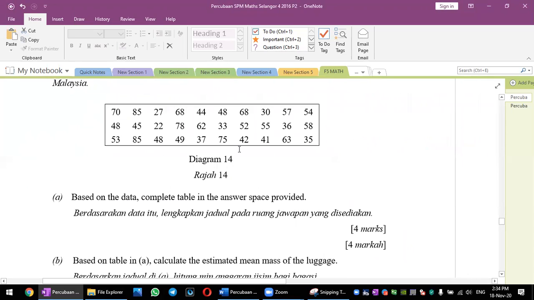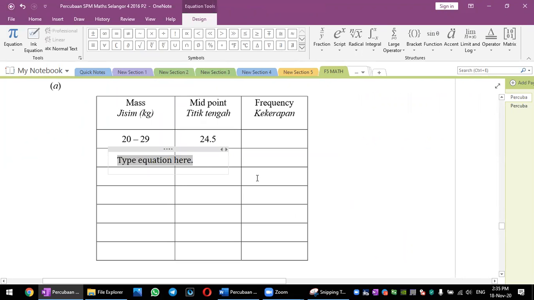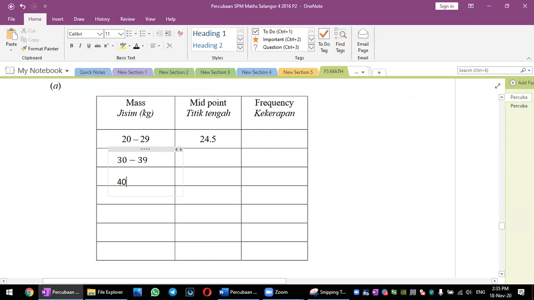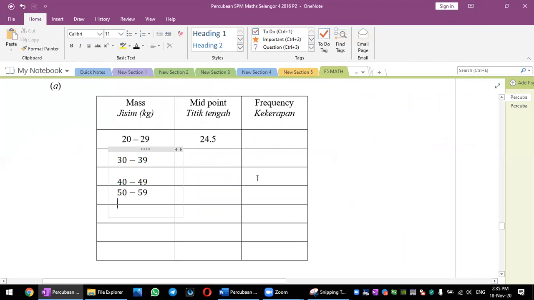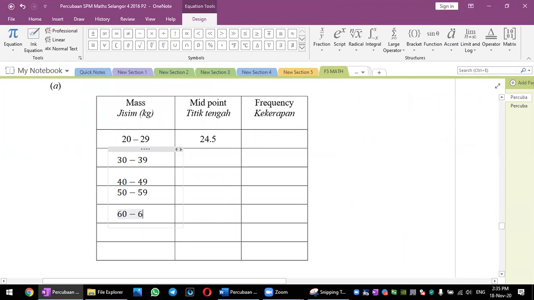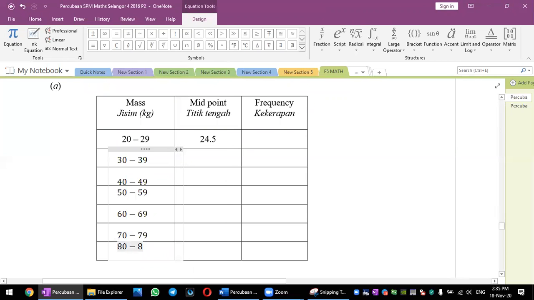Okay, here we need to complete the table first. Okay, this table, I think you should know, right? 20 to 29, 30 to 39, 40 to 49, 50 to 59, 60 to 69, 70 to 79, and then 80 to 89.